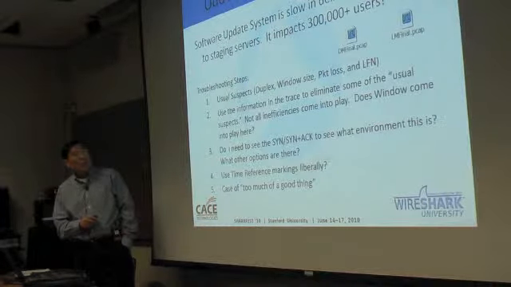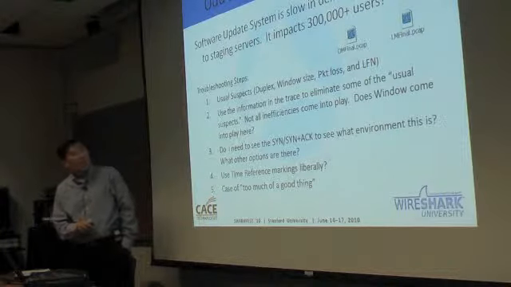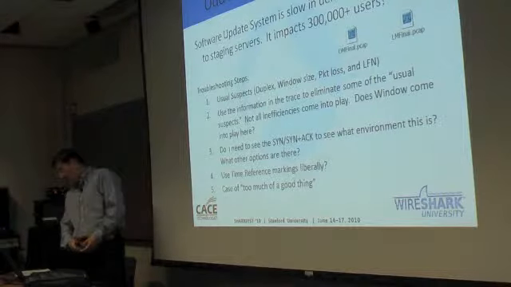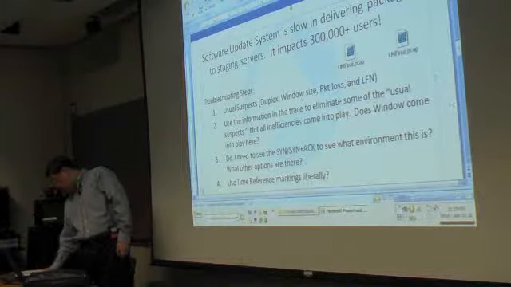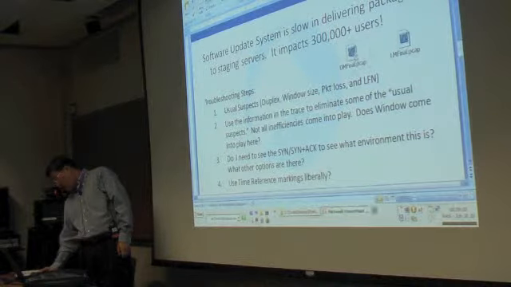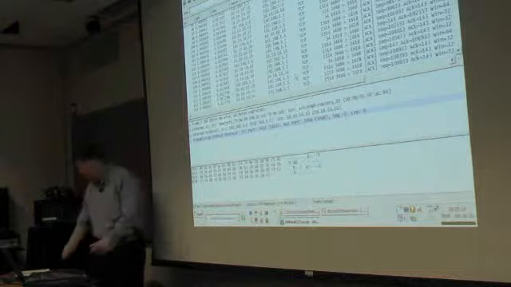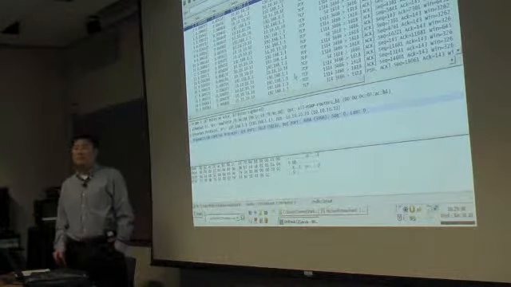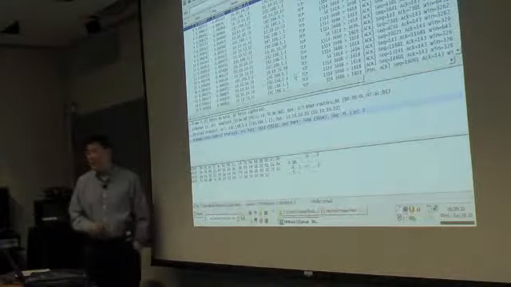So we're going to look at the information. It says not all inefficiencies come into play. Does window size come into play here? So let's take a look. Right after I said do these 4 things, I'm going to tell you, don't worry about it. Why should you not waste your time looking at TCP window sizes here?